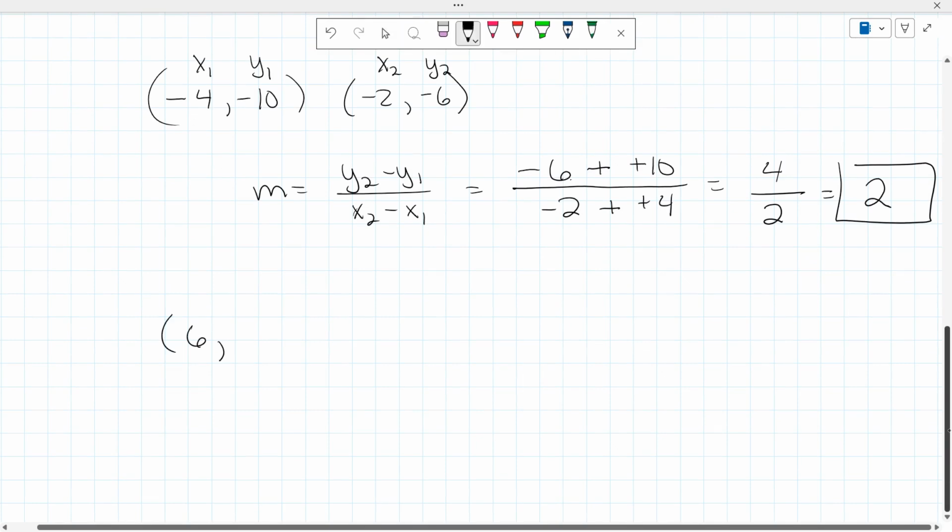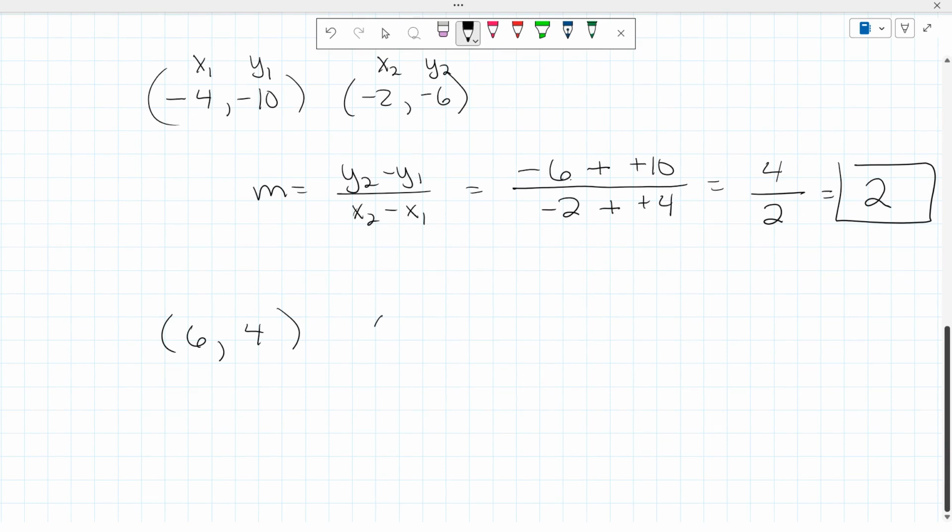Now for the interesting ones. x1, y1, x2, y2. What's y2 in this case?